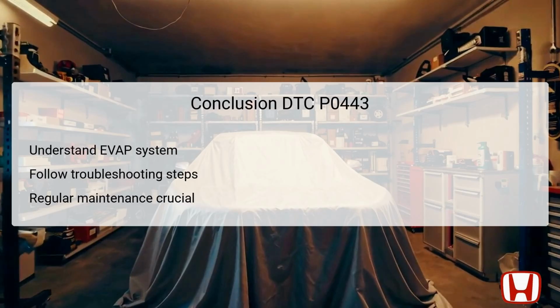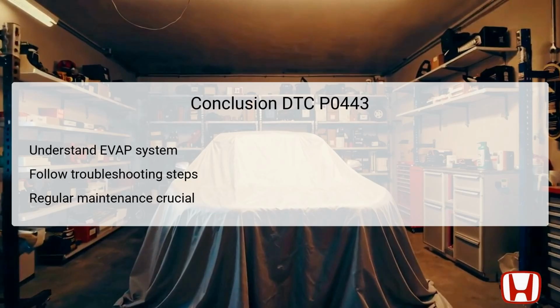In summary, understanding the EVAP system and the role of the canister purge valve is essential when dealing with DTC P0443. Following the structured troubleshooting steps ensures that every aspect of the issue is thoroughly investigated and informed decisions are made regarding repairs.